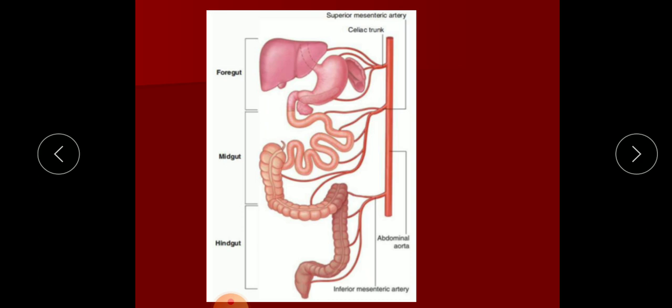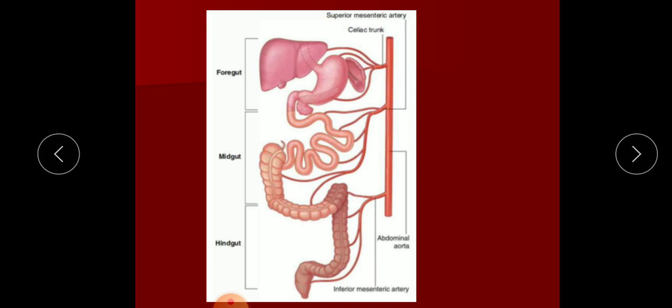So the artery of foregut is the celiac trunk. What you see here is the dorsal aorta, and from the dorsal aorta you get this artery. This artery is going to supply the structures derived from the foregut, and that is the celiac trunk. And next you get the artery of midgut. The structures derived from the midgut will be supplied by the superior mesenteric artery.